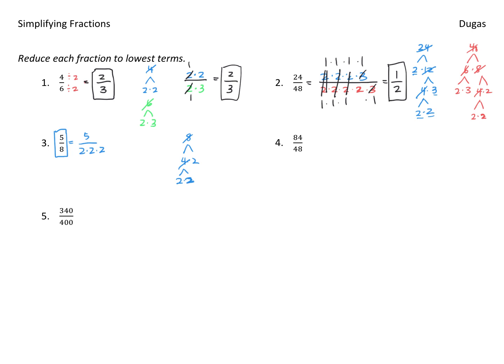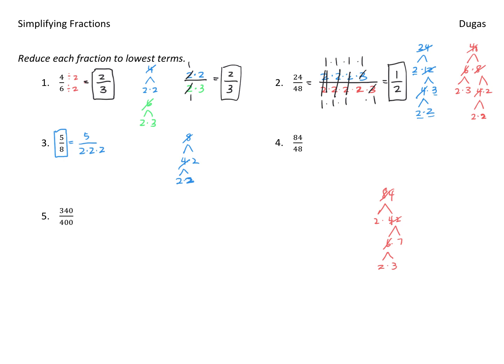Number 4, we have 84 over 48. So we're going to do a factor tree for each of those. So 84 is 2 times 42. That's 6 times 7. 2 times 3. I think that's it.